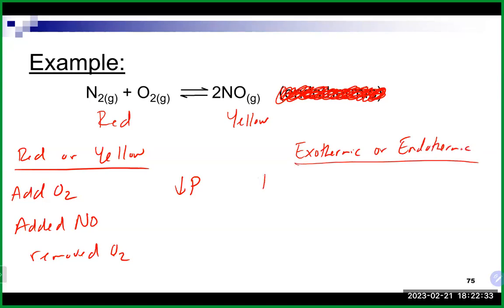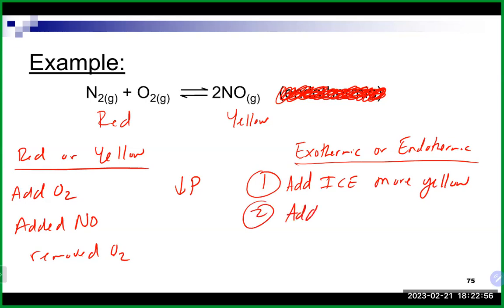So this is the first thing we did. We'll pretend there's a test tube that they're in. We added the test tube to ice, and what we saw occur was it became more yellow. We then added a test tube to hot water, and it became more red.